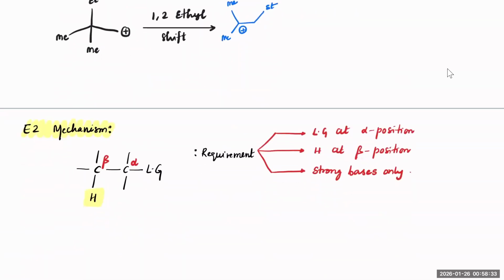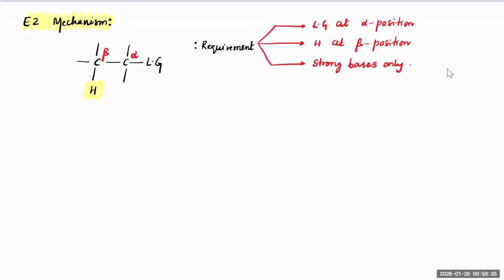Now let's get into the E2 mechanism, everybody. What is the basic requirement in the E2 mechanism? See, first thing is that the leaving group is at the alpha position. Of course, there has to be a good leaving group at the alpha position. And then there must be at least one hydrogen at the beta position.